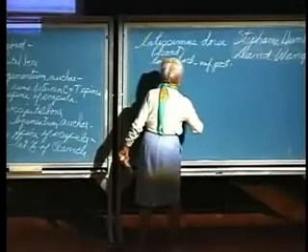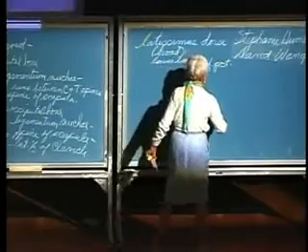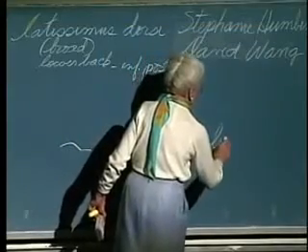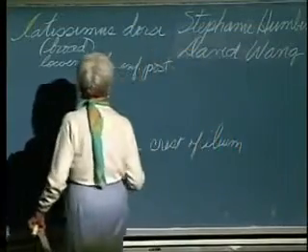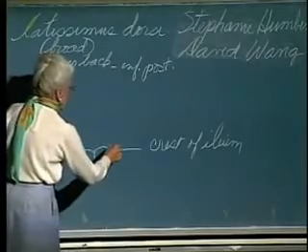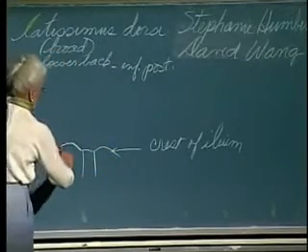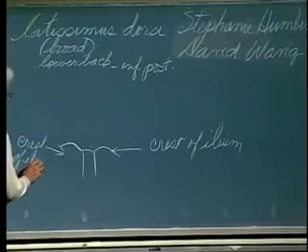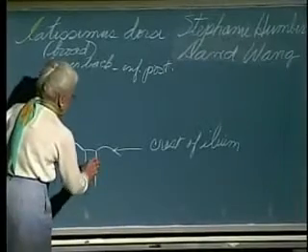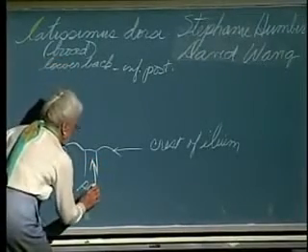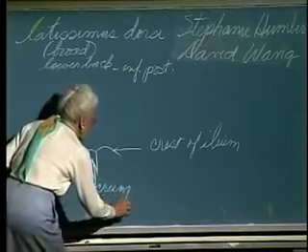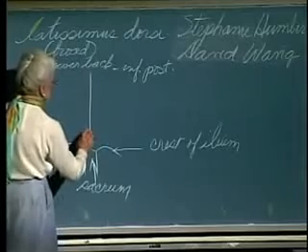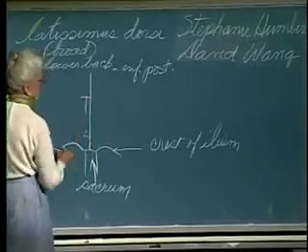We've got crest of ilium, crest of ilium over here too, obviously. And the sacrum in the middle. Then we'll have our lumbar vertebra and lower thoracic. So these will be lumbar, these will be thoracic.